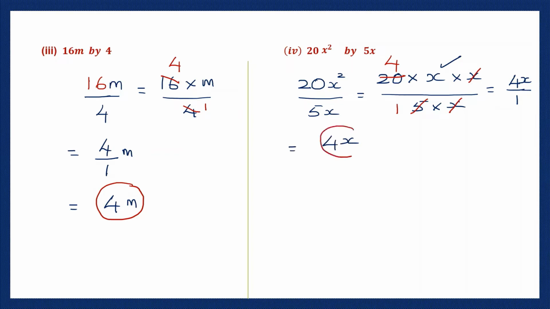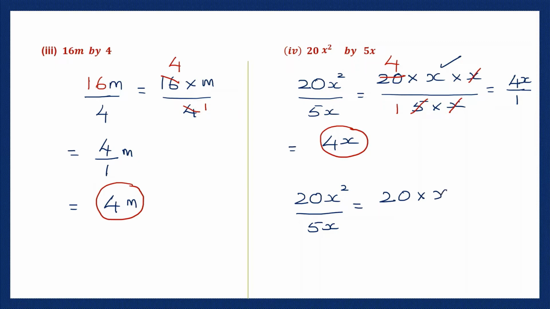Now I can do the same question using the exponent law. So let me work that out also for you. So 20x square by 5x. So this is 20 into, now the exponent law says that when it is division, we can subtract the powers.